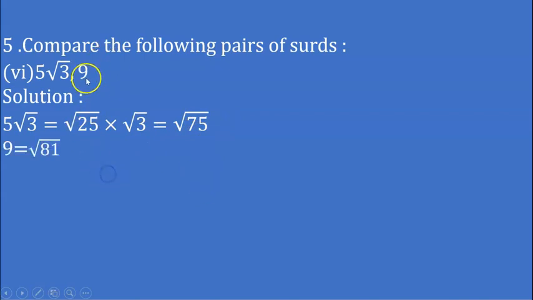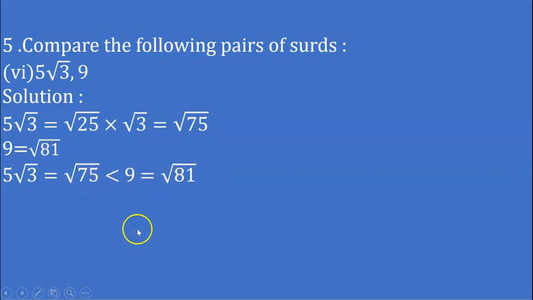Now next, this 9 can be written as root of 81. Now here 5 root 3 is equal to root of 75, and 9 means root of 81. It means that root of 75 is less than root of 81, and hence 75 is less than 81, that is, 5 root 3 is less than 9.